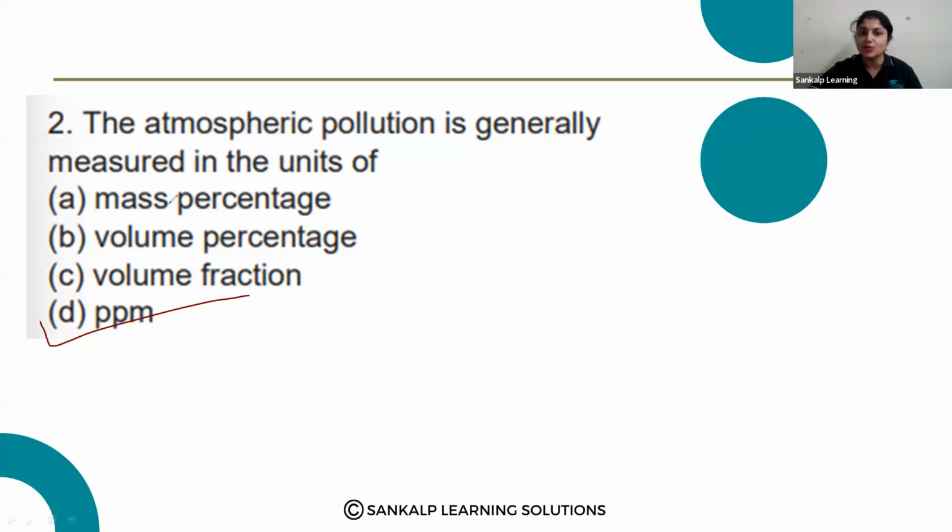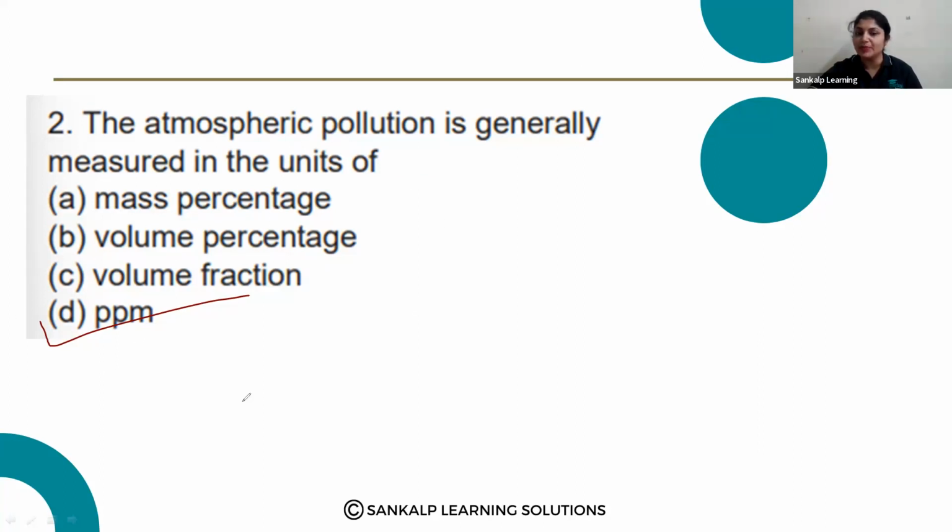Mass percentage is, suppose, 5 grams in 500 grams. Like that, you calculate the mass percentage. Volume percentage tells you about the volume, like 5 ml dissolved in 100 ml. Then volume fraction.